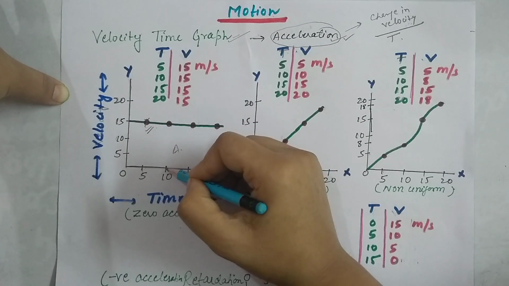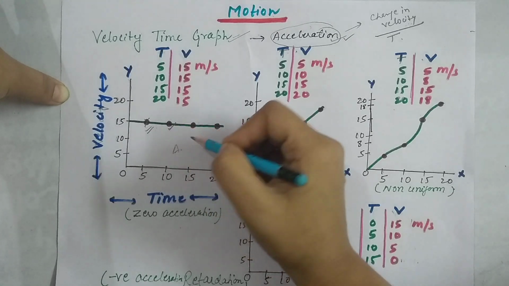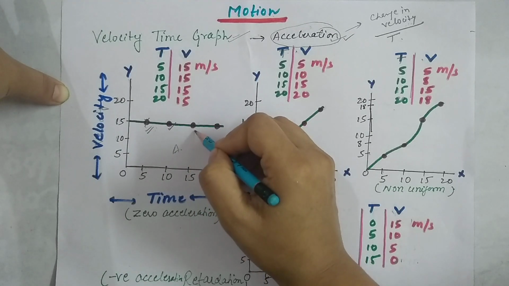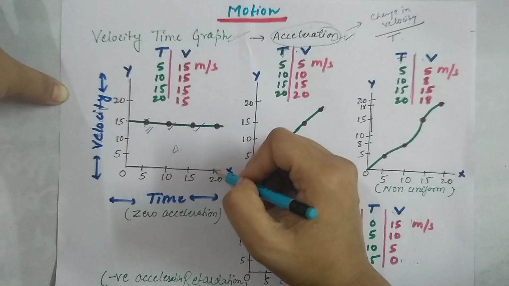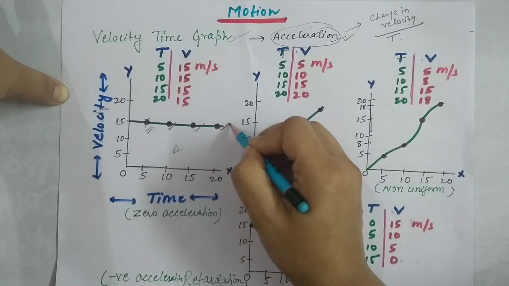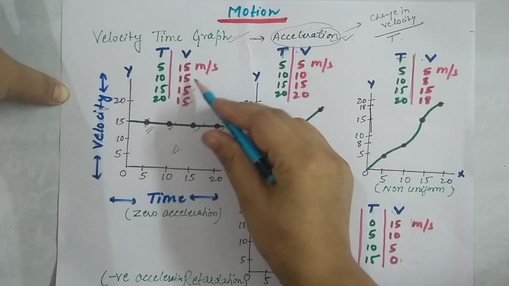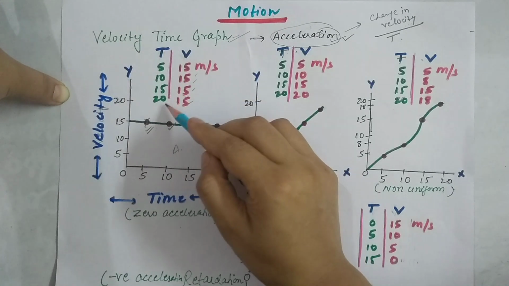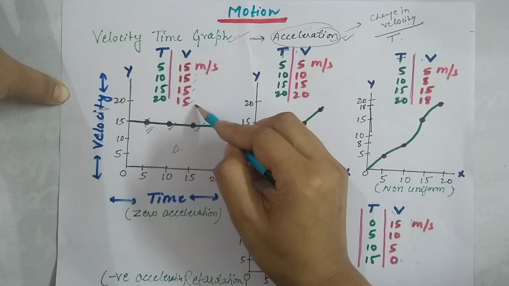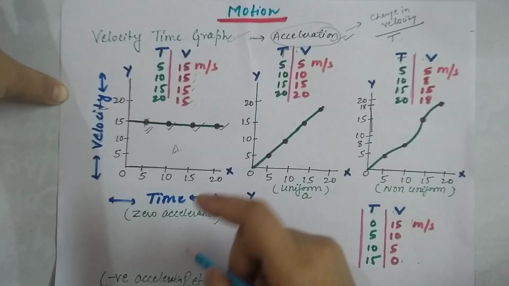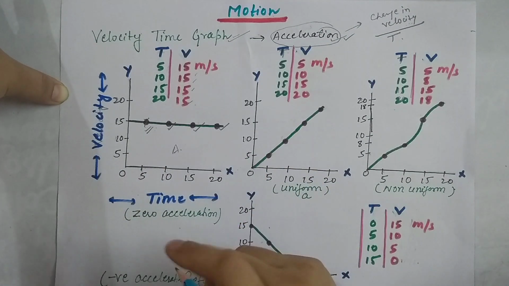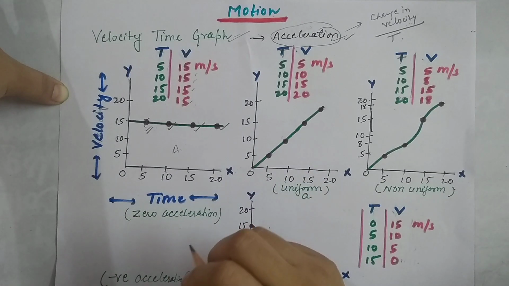At 10 seconds, the velocity is still 15. At 15 seconds the velocity is still 15, and at 20 seconds also the velocity is the same, 15. So you can see that at every time the velocity is the same, and if the velocity is not changing, then no acceleration takes place.